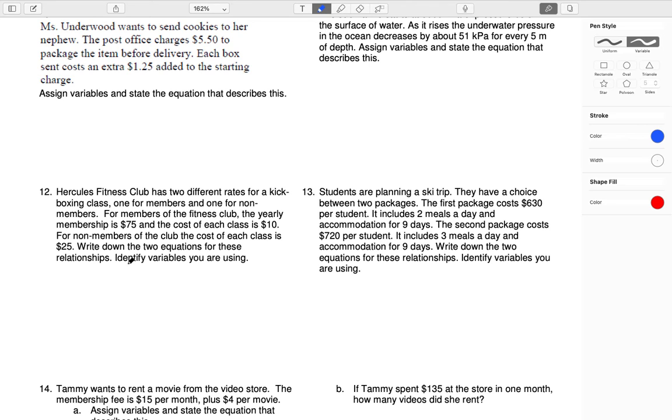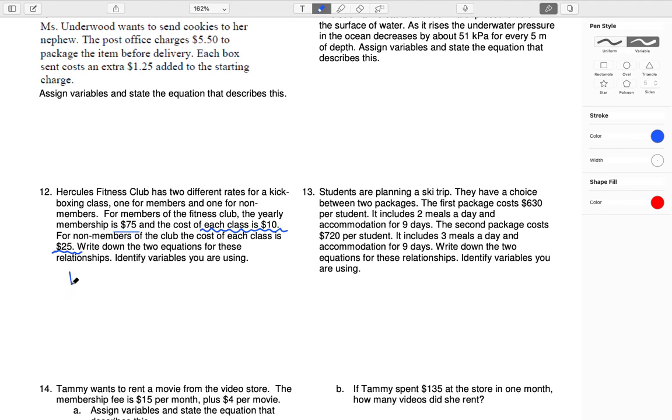So it looks like we need 2 equations. For members of the fitness club, the yearly membership is $75 and the cost of each class is $10. For non-members, the cost of each class is $25. Write down 2 equations for this relationship.